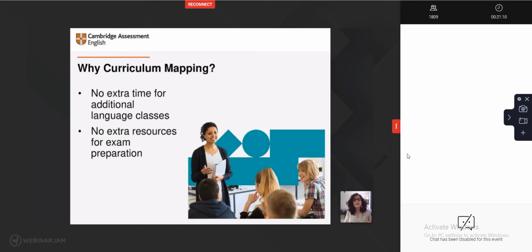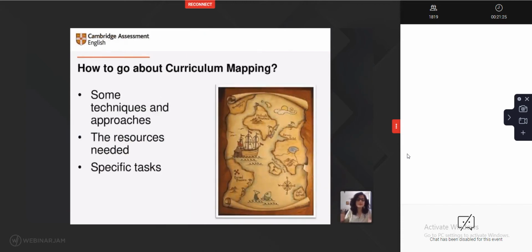And secondly, the teachers do not have to prepare or invest time in developing any extra resources for exam preparation, because most of it can be handled through the course book. So these are the two basic reasons behind today's webinar and why curriculum mapping becomes so important.